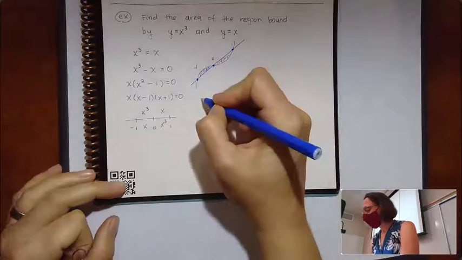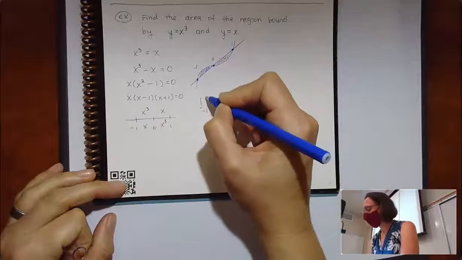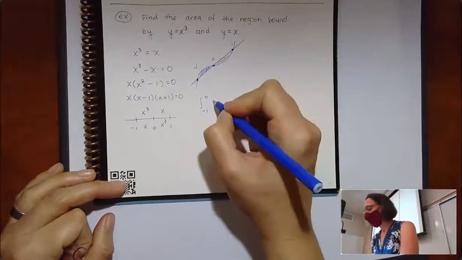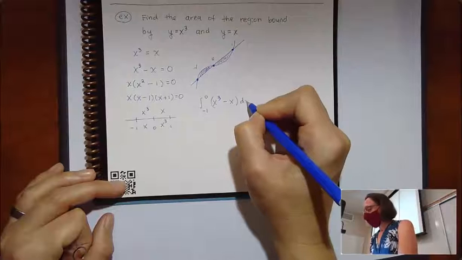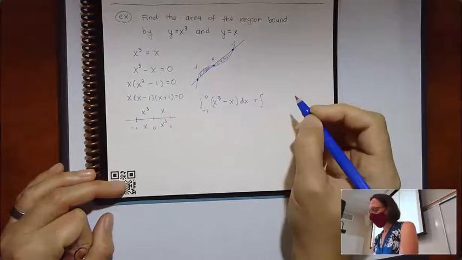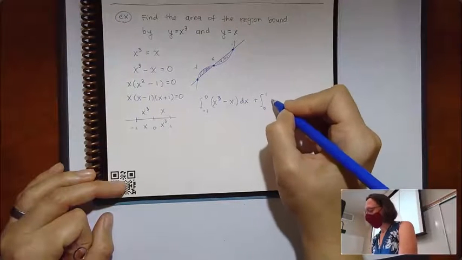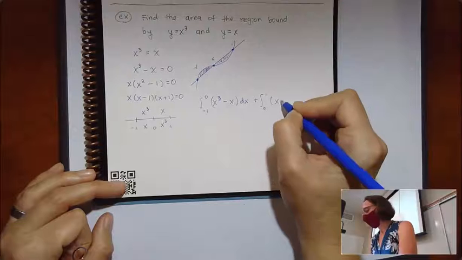I have to integrate from -1 to 0, putting the cubic on the top. And I have to integrate from 0 to 1, putting the line on the top.